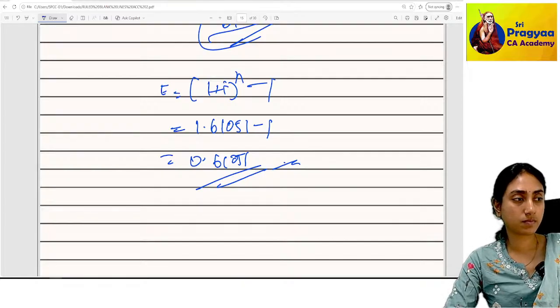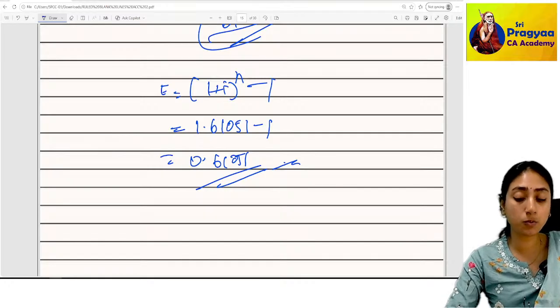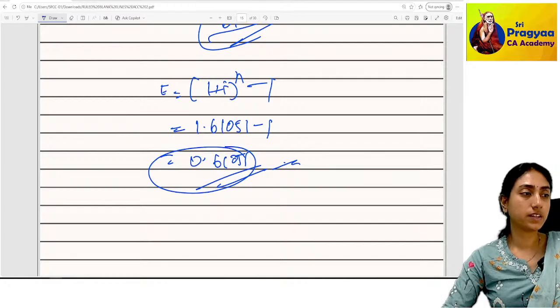Exactly what we got when we divided. Correct. So in the portion of it, this will be extra.